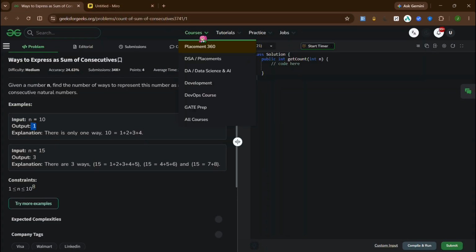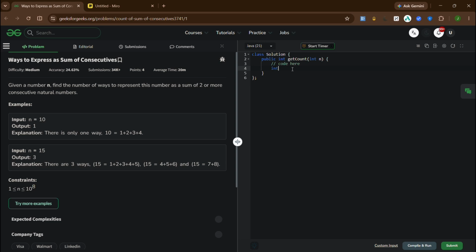Okay, so let's code. First, I will declare the count variable. Then I will use a for loop beginning from 1, as 0 is neither odd nor even, so it cannot be counted as a factor, as long as I into I is less than n.